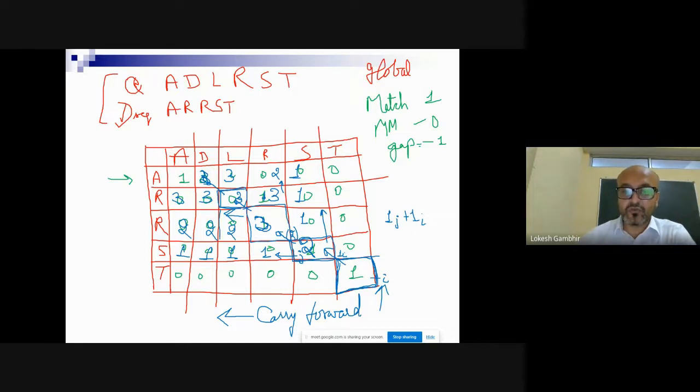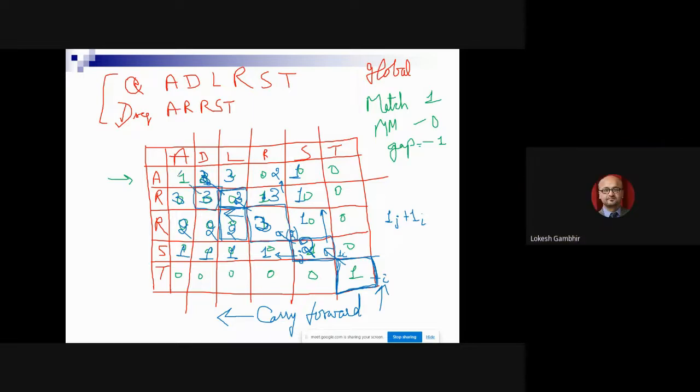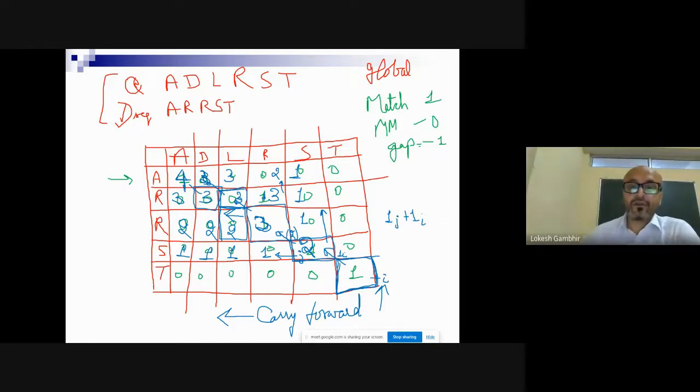Now this 3 will move in this direction to give rise to 4. So this is how the final appearance of your matrix will be looking in this particular fashion.